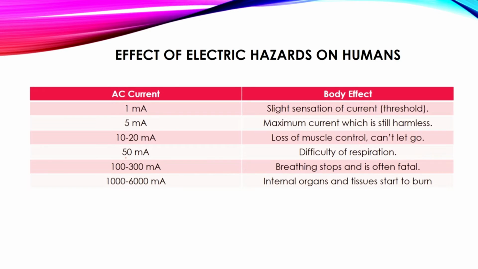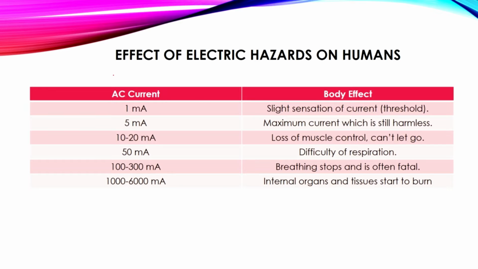At 50 milliampere there is difficulty of respiration. From 100 to 300 milliampere, the breathing stops, and it is fatal, which will lead to death. From 1000 to 6000 milliampere and above, the internal organs and tissues start to burn in the human body.